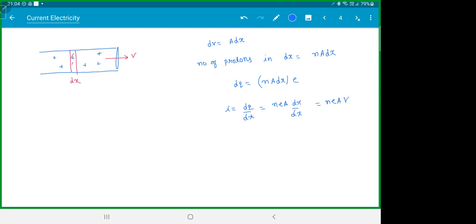That's your formula. So nAev. v is the velocity, e is the charge, A is the area of cross section, and n is the number of particles per unit volume. So suppose someone asks you like this, we have ions here.